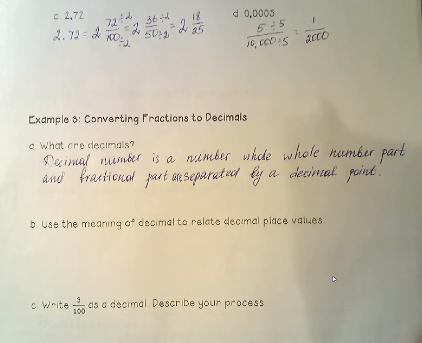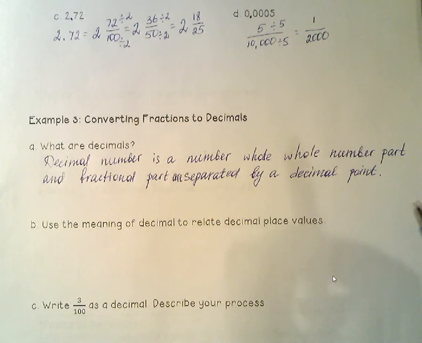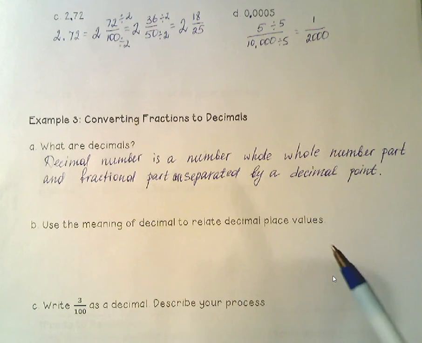The digits following the decimal point show values that are smaller than 1. Those are fractional parts, right? Smaller than 1. And use the meaning of decimal to relate decimal place values. So decimals are based on preceding powers of 10.